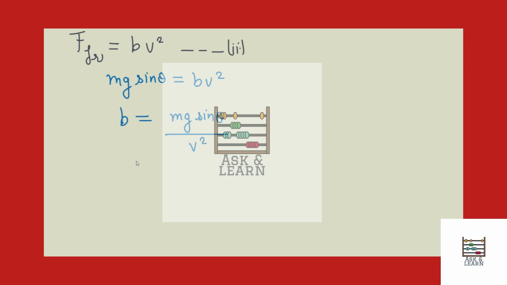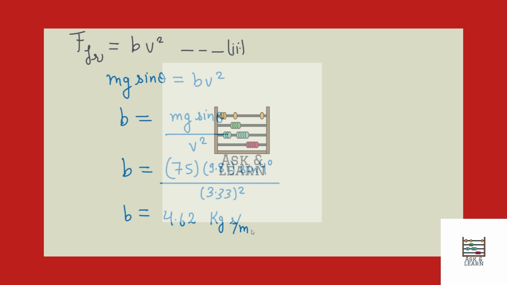Now here on substituting the value, we get b equals 75 multiplied by 9.81 multiplied by sine 4 degree divided by 3.33 whole square. Now on simplifying, we get b equals 4.62 kilogram second per meter.